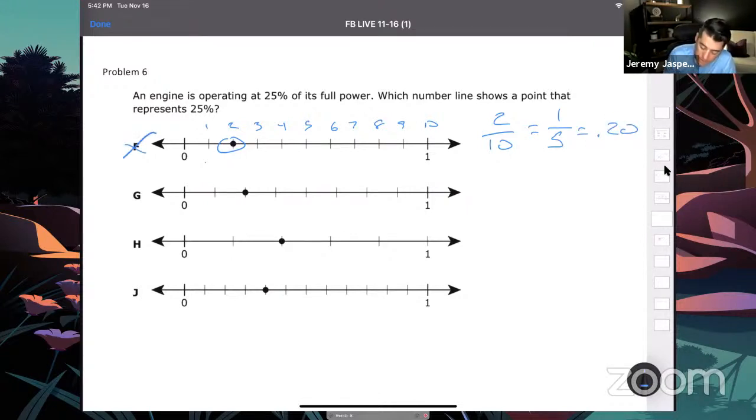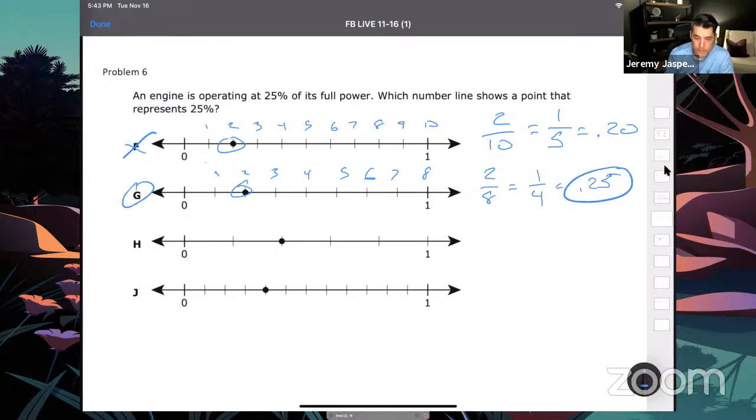So that's gone. This one is 1, 2, 3, 4, 5, 6, 7, 8. This one is on the second one again. This one is 2 out of 8. Break down 1/4, 0.25. That's our winner. This is the answer. The other ones, just so you get the practice: 1, 2, 3, 4, 5.